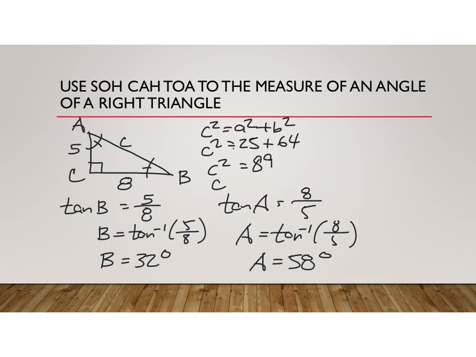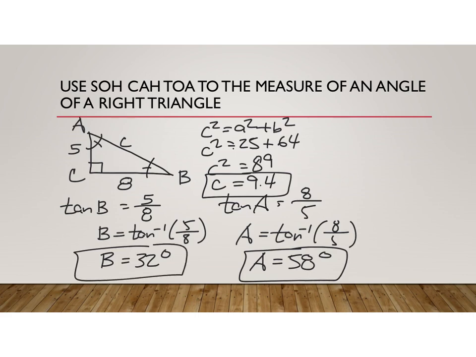So c must be the square root of 89, which is 9.4. And then I would have solved the entire triangle there. Always using what they're giving you in the first place.